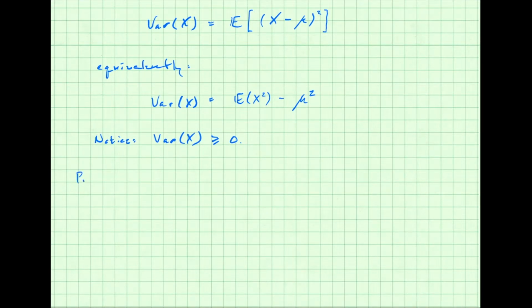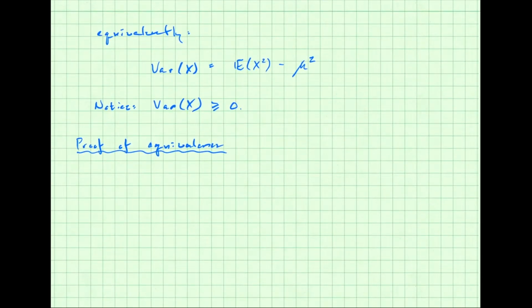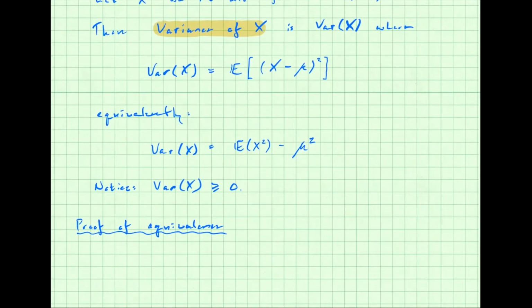Okay, and so let's do that little proof of equivalence of the two things in the definition there. So here's the proof of the equivalence. I'm going to start with the first line and then turn it into the second one. So let's just copy the first one.